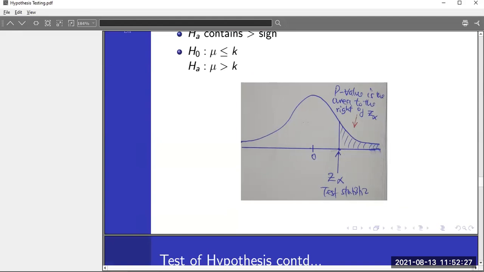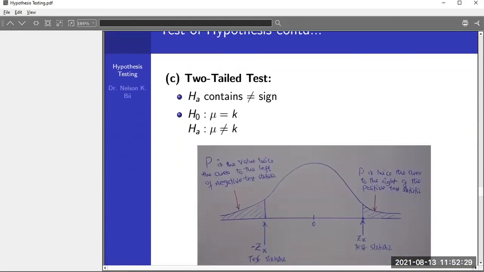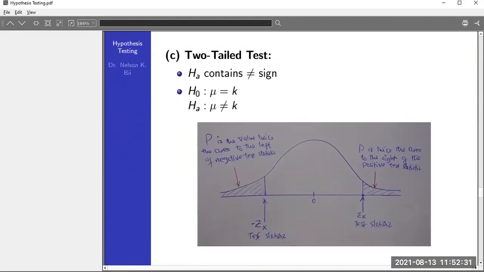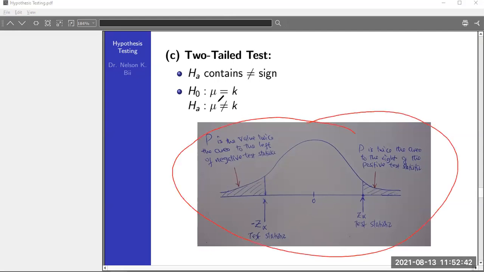Then finally, the two-tailed test. Here the null hypothesis contains the equality sign, and the alternative hypothesis is not equal to, meaning it can be greater than or less than. So we can combine it this way.